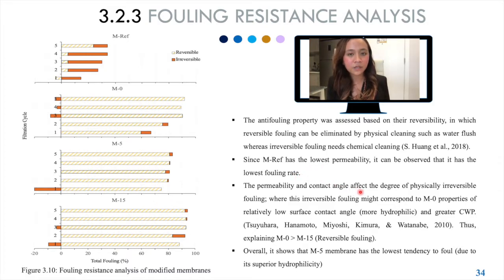The permeability and contact angle affect the degree of physically irreversible fouling, where this irreversible fouling might correspond to M0 properties of relatively low surface contact angle, which is more hydrophilic and has greater clean water permeability, thus explaining why M0 is greater than M15 in terms of reversible fouling. Overall, it shows that the M5 membrane has the lowest tendency to foul due to its superior hydrophilicity.